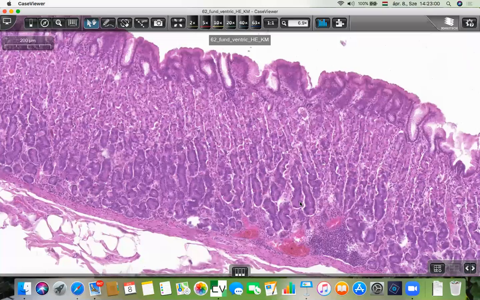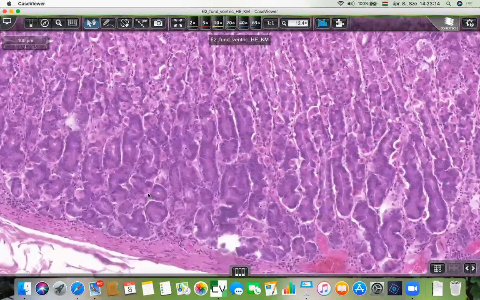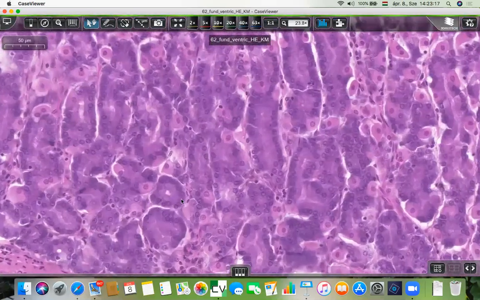What we can see are the chief cells, located at the basal part of the gastric glands. These darkly stained areas represent mainly chief cells.